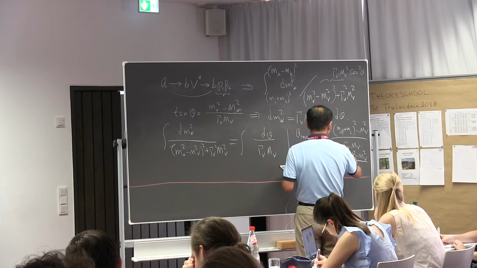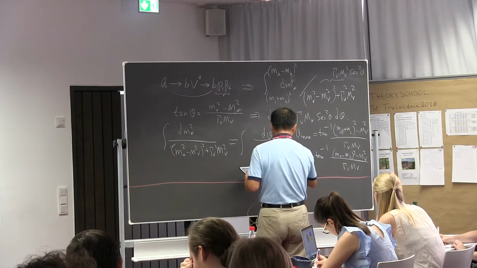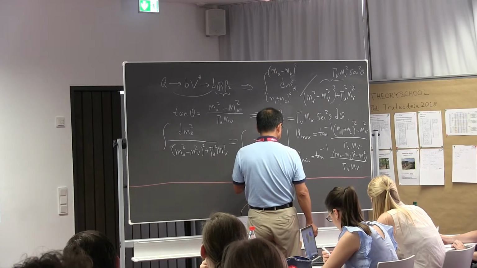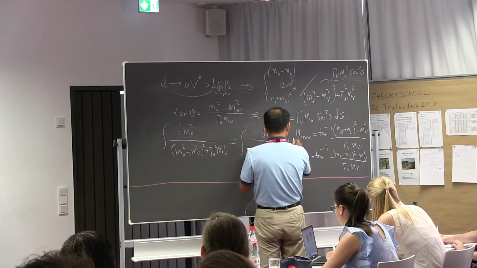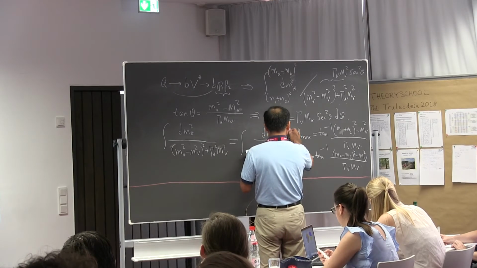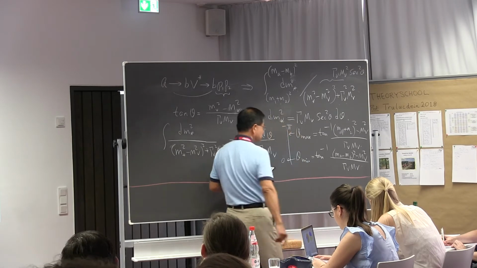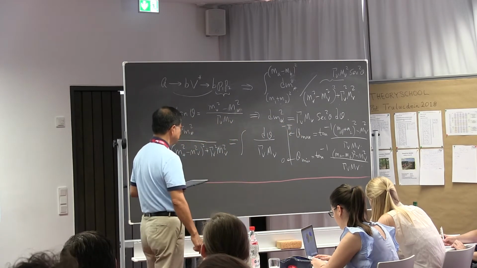So in fact, in the limiting case, the narrow width case, these go to minus pi, and these go to 0.